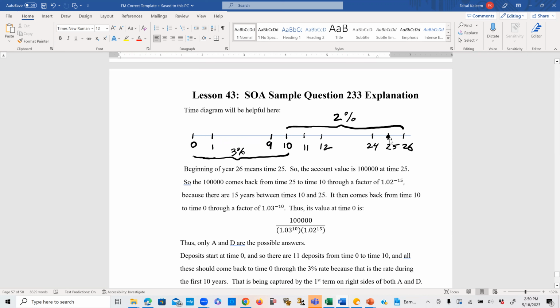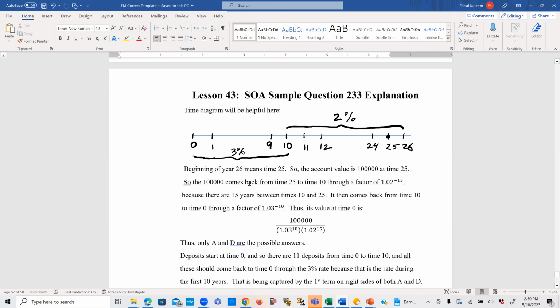So in order to bring this value of 100,000 from time 25 to time zero, we have to go gradually. We first have to bring it to time 10, because between 25 and 10, we have a 2% interest rate. And then once the interest rate changes, so from 10 to 0, we have to bring it back through another factor. So let's see how it's done.